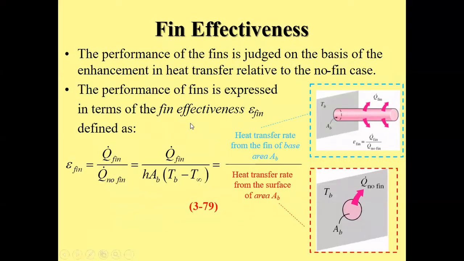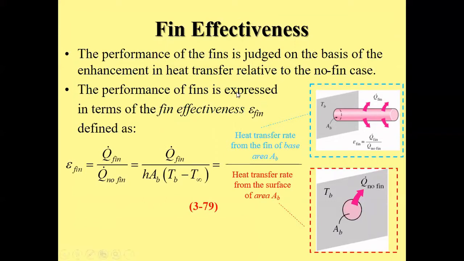Right, so the second parameter for fin is the effectiveness. You have to remember there are two, the efficiency and effectiveness. So this is different, okay? The performance of the fins is judged on the basis of the enhancement of heat transfer relative to the no fin case. So this will tell you how good it is to have the fin compared to using no fin.